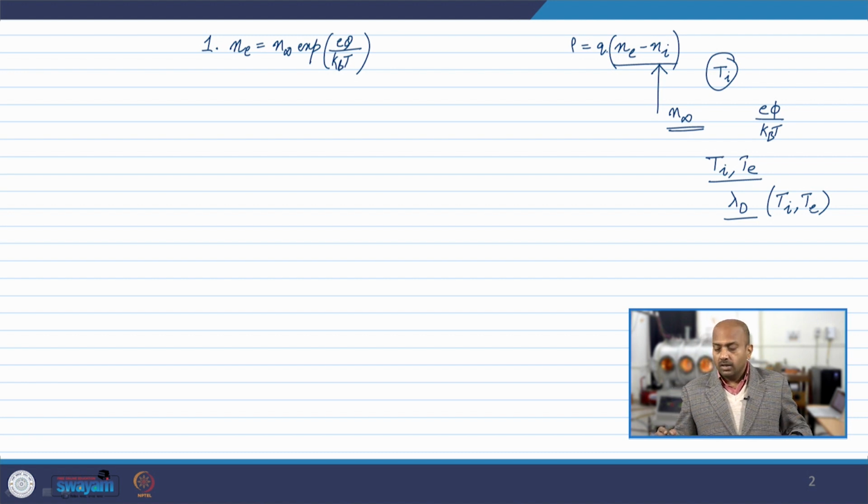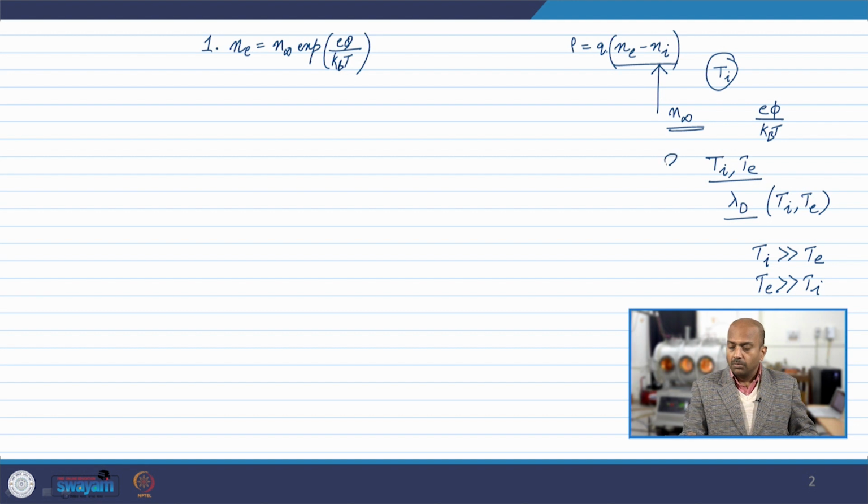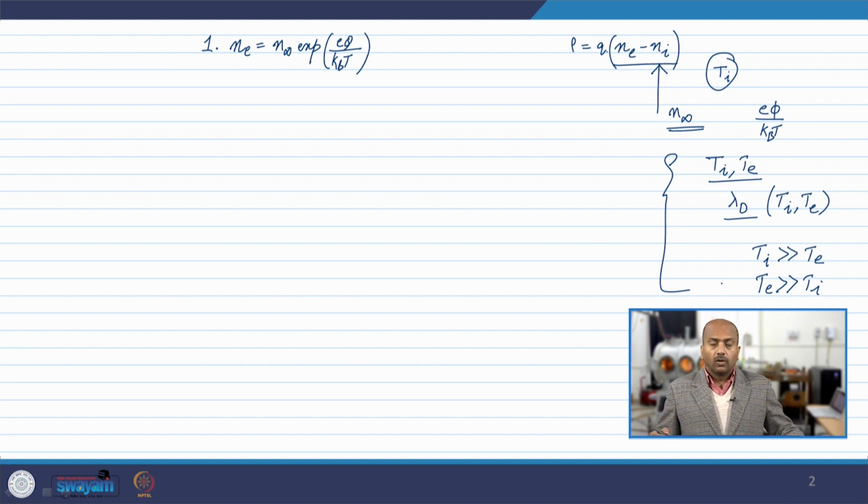We will look at two different cases in which the temperature of ions becomes very large in comparison to the temperature of electrons, and vice versa, right. So, this is going to be the objective of today's discussion, and then subsequently we will solve a numerical problem, which will conclude the entire discussion of the Debye's shielding or Debye's potential.